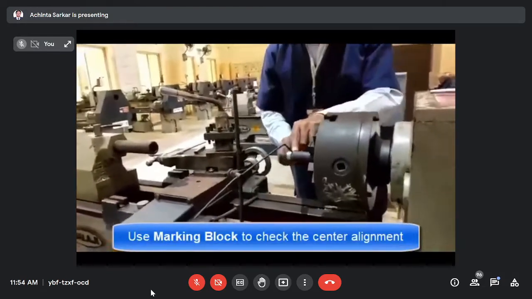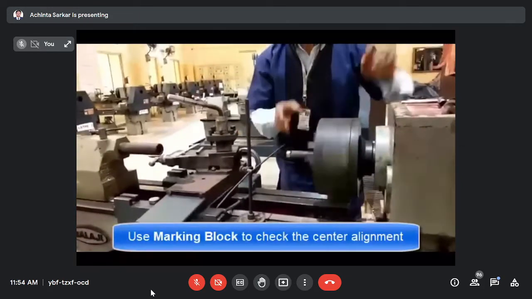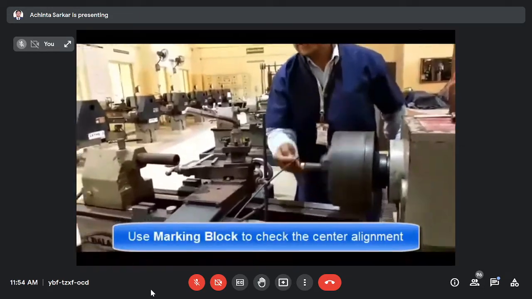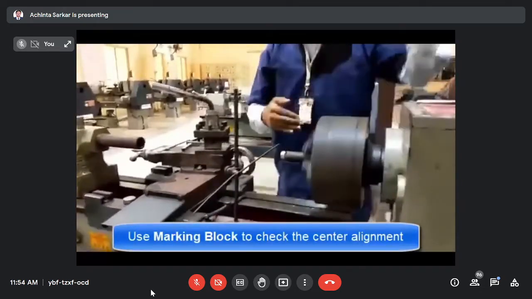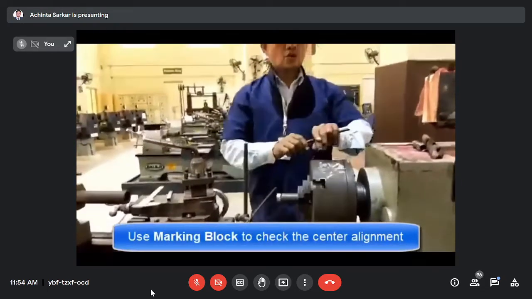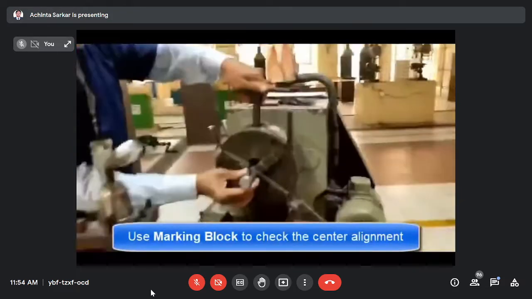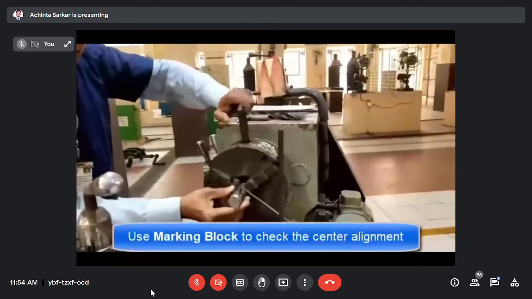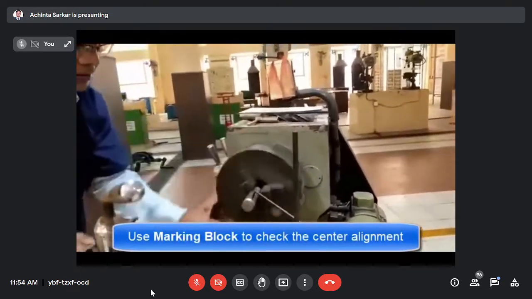This is the maximum gap, that's why it is vibrating. See here again, it is vibrating up and down. That means the axis of the holding device and the axis of the workpiece do not coincide. Again, loosen this workpiece with the help of the chuck key, then set it the proper way and tighten, then check.